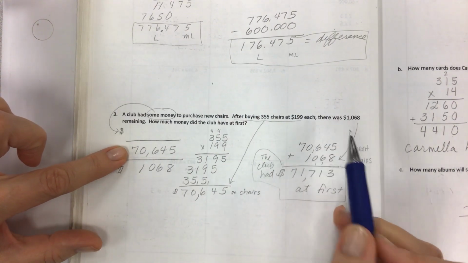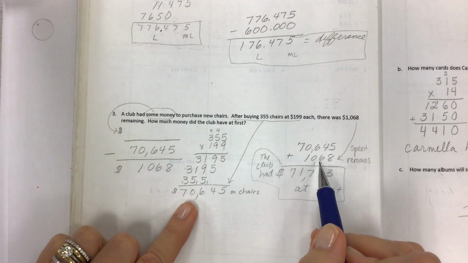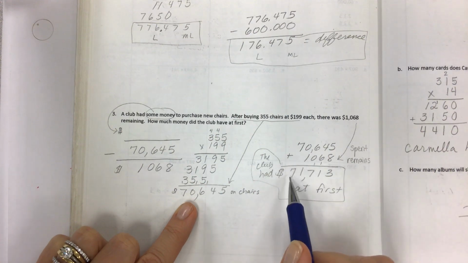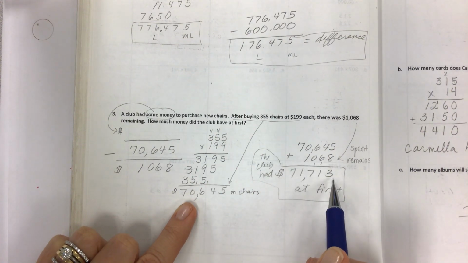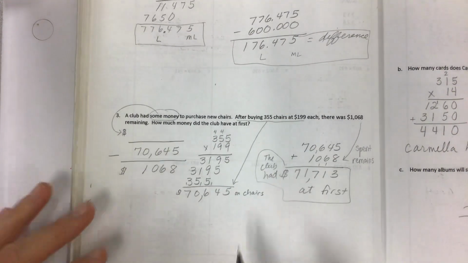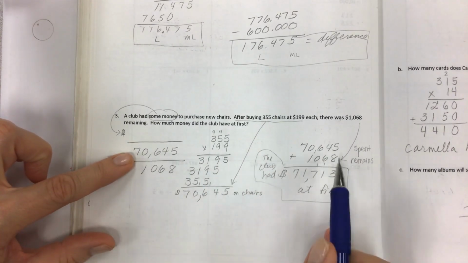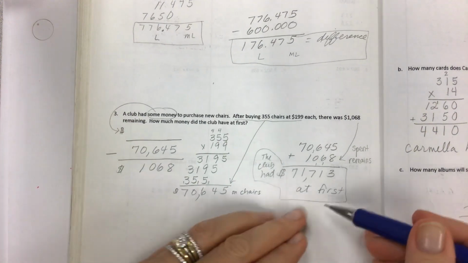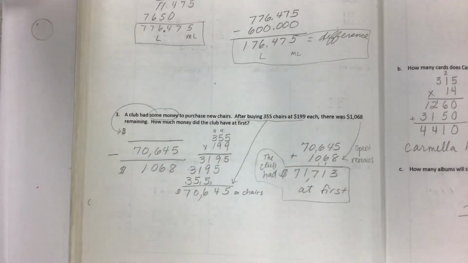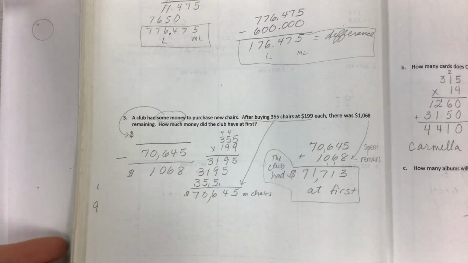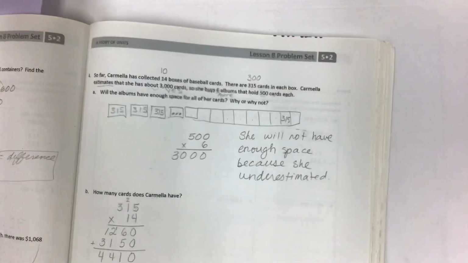Then there was money left. So if you take this and you put on what was left, then you can see what they had at first. So it's kind of like working backwards. You work with what you know and a little bit more of what you know to get back up to what you started with. I hope that makes sense, and we can talk about it more in class.